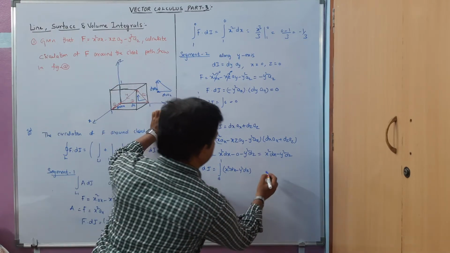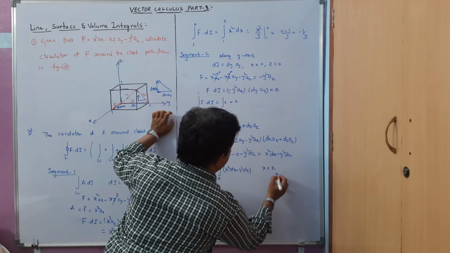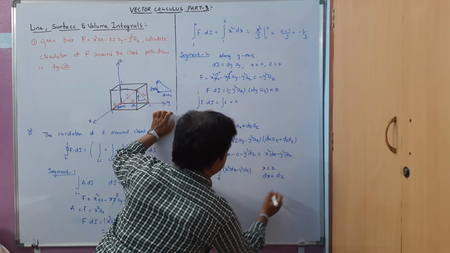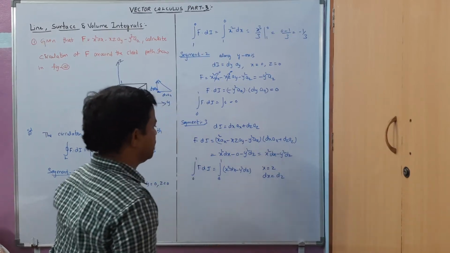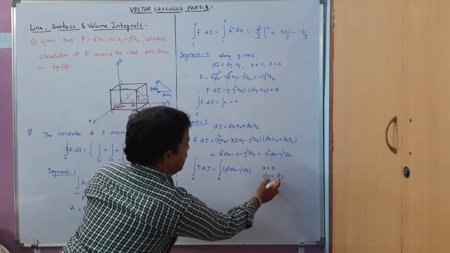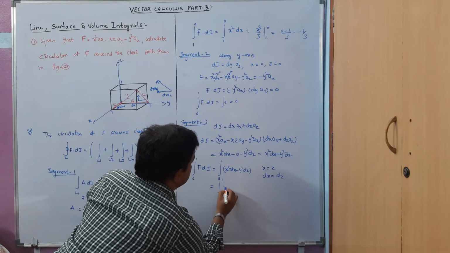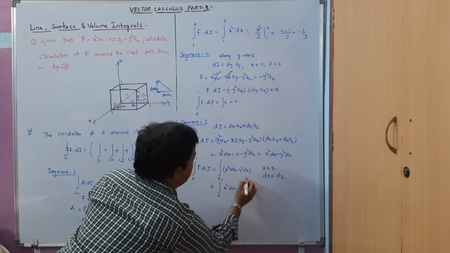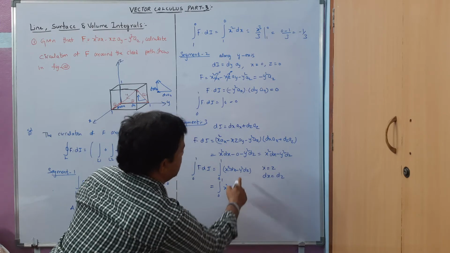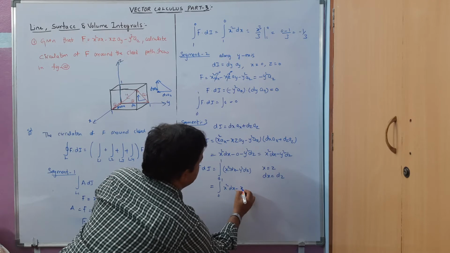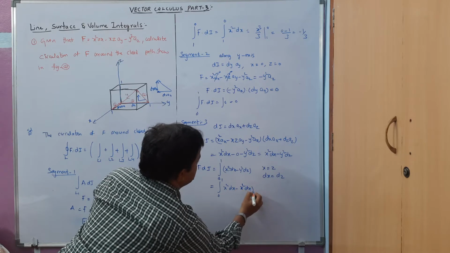So at this point x is equal to z here, we can write here as dx is equal to dz. So I can replace here, that is 0 to 1 x square dx minus, in place of y square I can take here as x square dx.